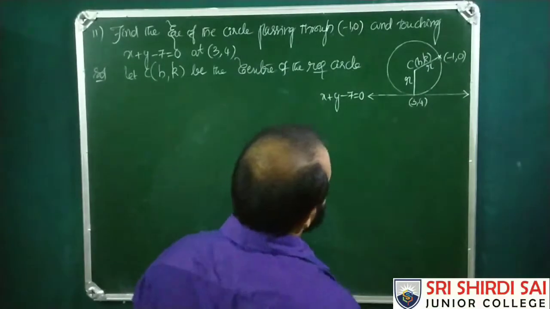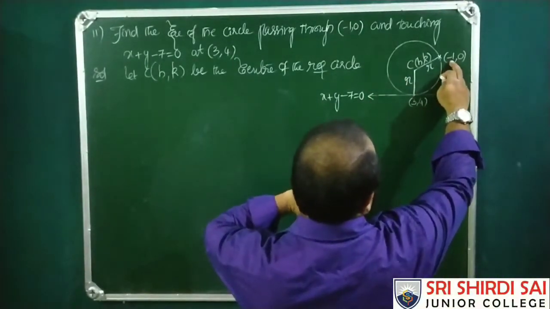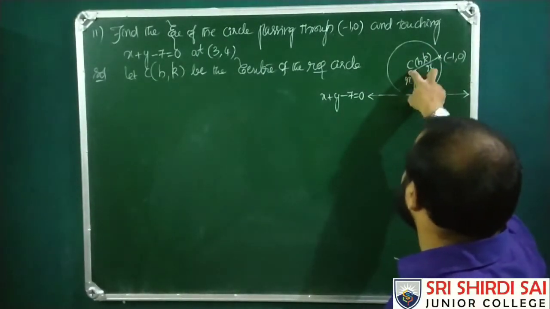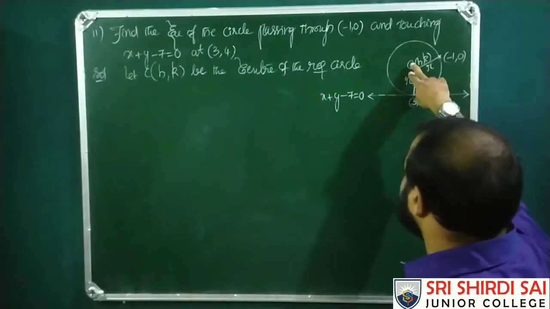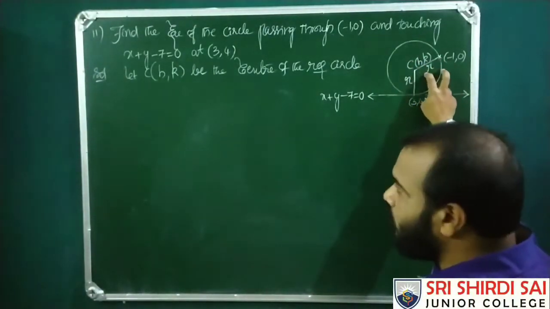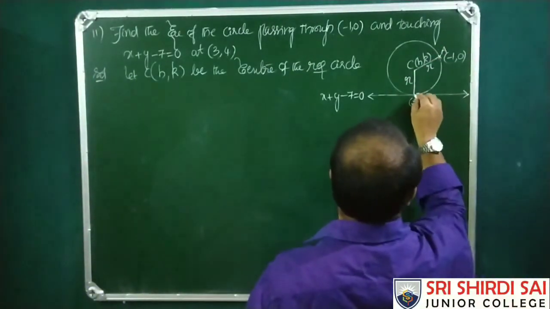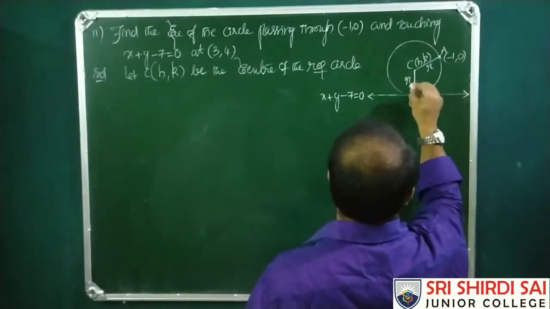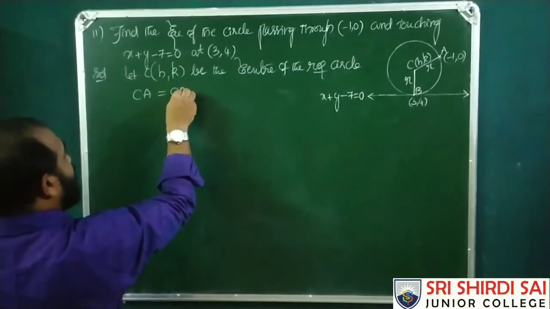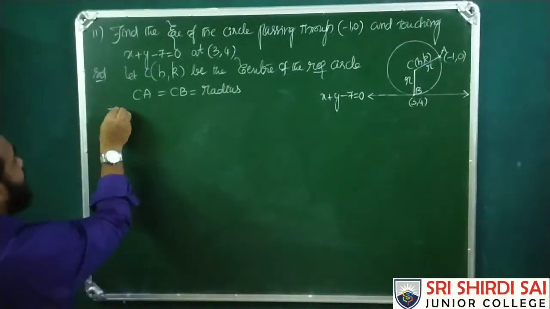Okay, and see this, since minus 1 comma 0 and 3 comma 4 lie on the circle, the distance from the center to this point and the distance from the center to this point represent the same radius, no? So let us suppose this is A and this is B. So CA equals CB equals radius.